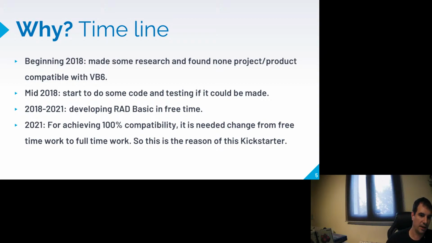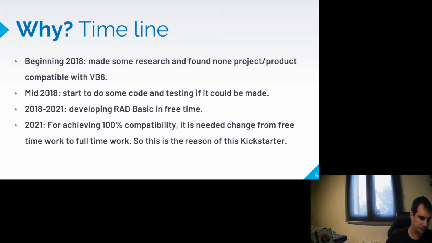In 2018, I did some research, and I found no product that was compatible with Visual Basic 6 at all. There were other projects that were somewhat compatible. There was a dialect of Visual Basic, but what I was searching for was a project that I could import, where I could work with Visual Basic 6 projects, forms, and modules, working as in Visual Basic 6, as Visual Basic 7.